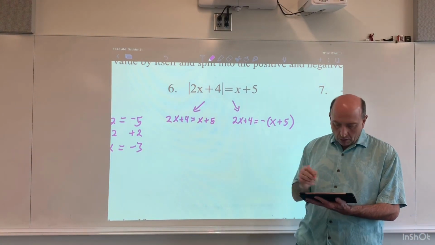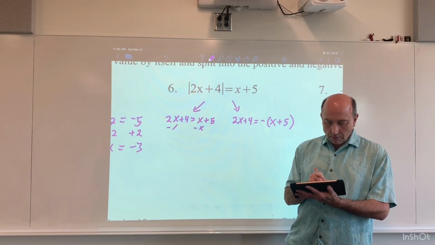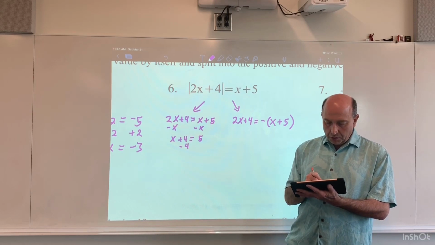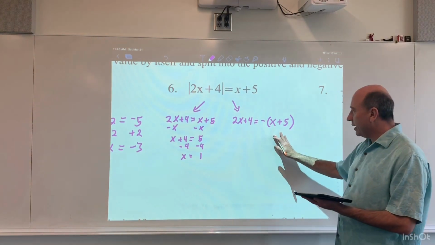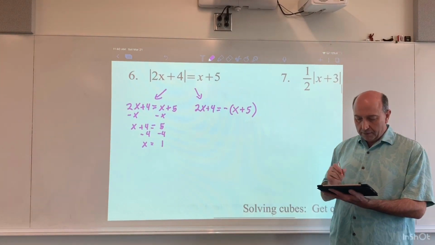All right, now we have two separate algebra problems to solve. This one, we could subtract x from both sides, getting x plus 4 equals 5. And then we could subtract 4 and get 1. Over here, the first thing we have to do is distribute our negative.